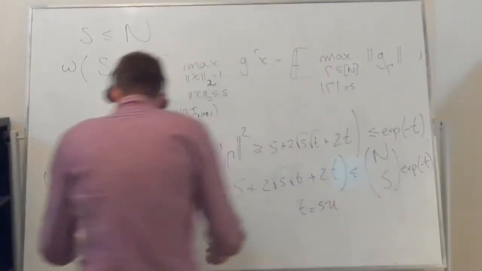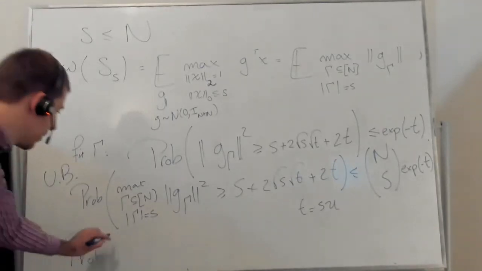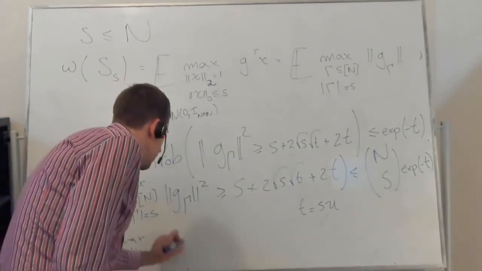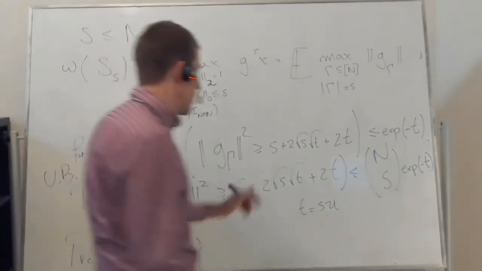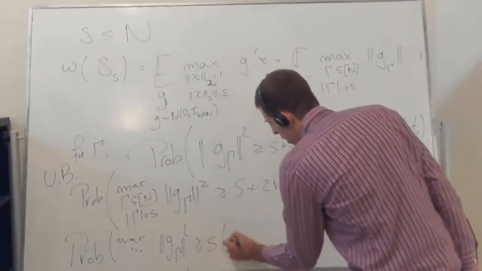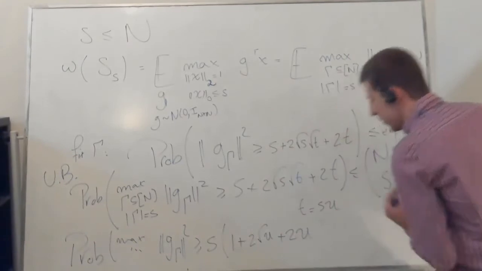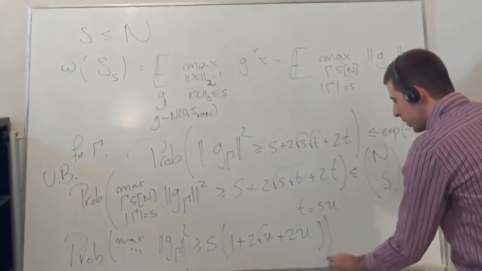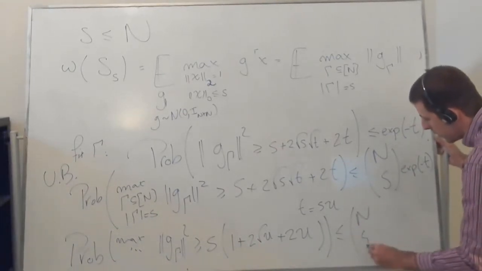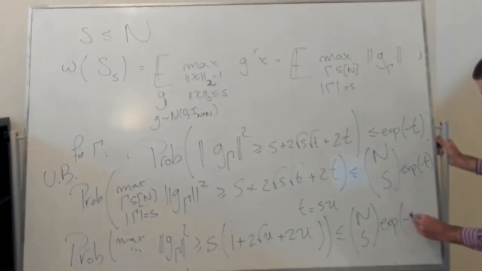And then what we have is that the probability that this max of G tau squared being bigger or equal than, now with SU, I get an S root U here, so let me put S times 1 plus 2 root U plus 2U, so that this way I have, on this scale, smaller or equal than n choose S exponential of minus SU.